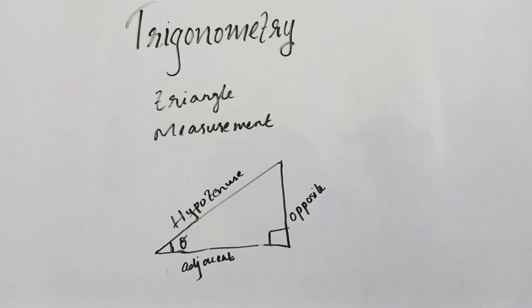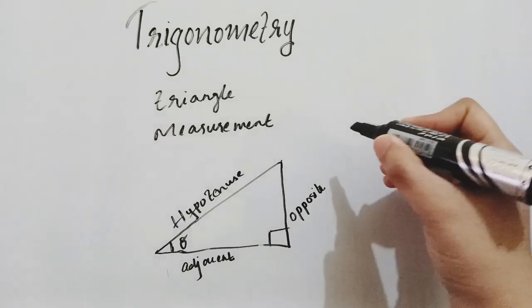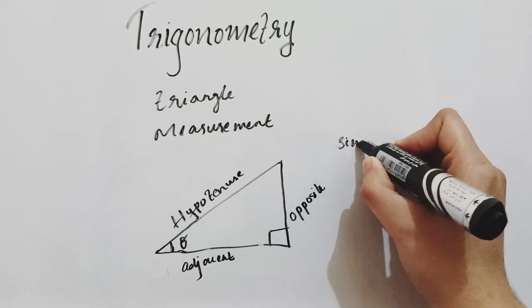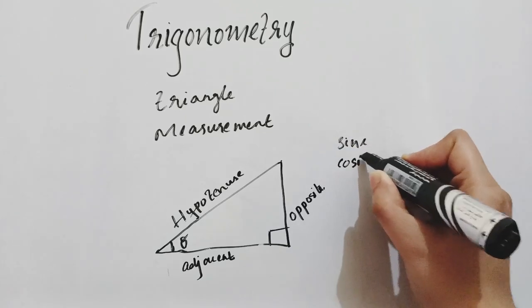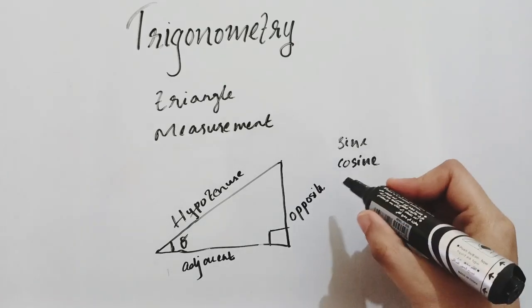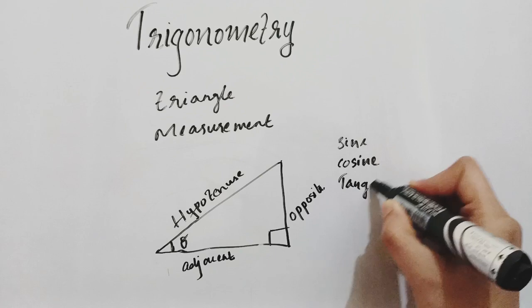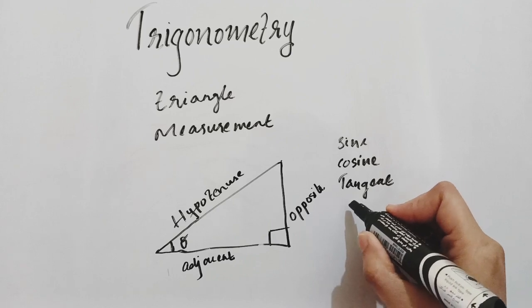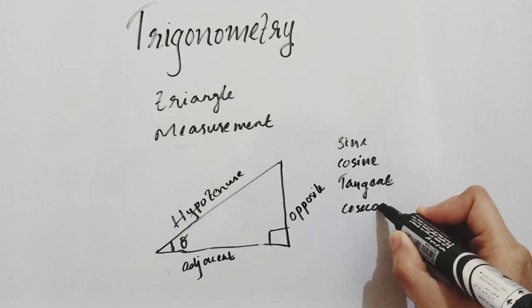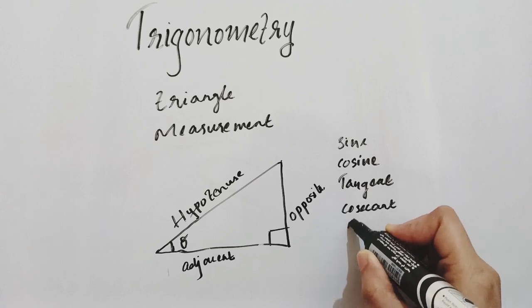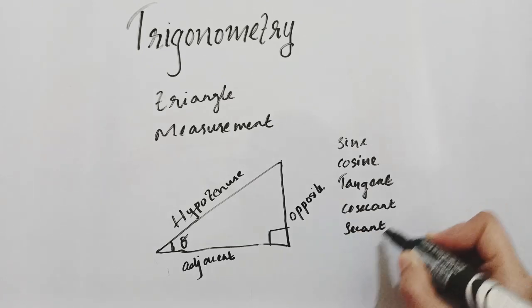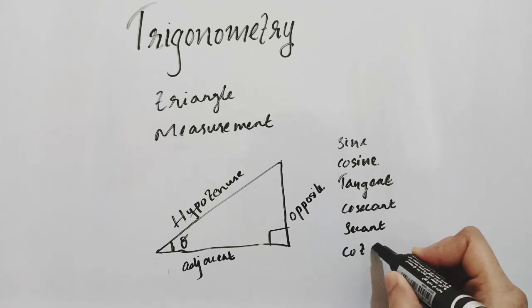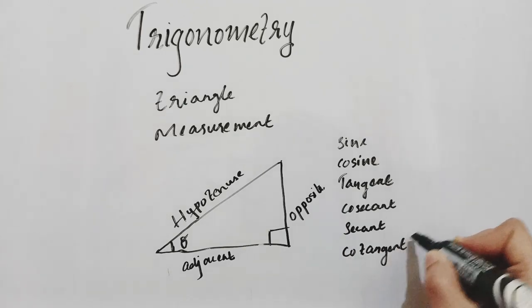The trigonometric ratios of a triangle are also called trigonometric functions. There are 6 different trigonometric functions, that is sine, cosine, tangent, cosecant, secant and cotangent.